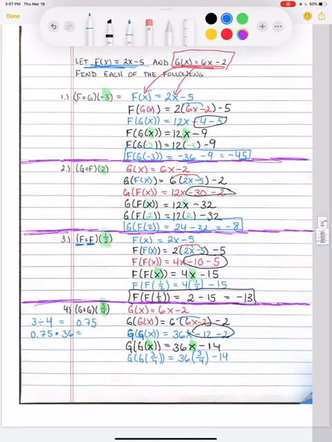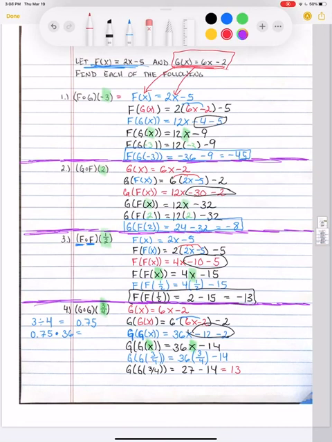What do you get? 27. Great. So g of 3/4 equals 27 minus 14. Okay, 27 minus 14 is going to be 13. Except in this case, it's positive.